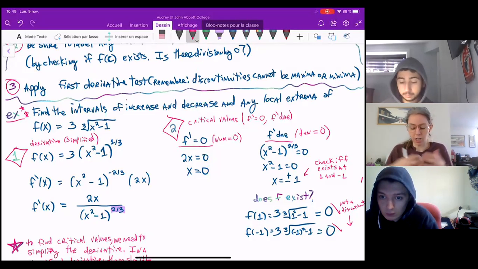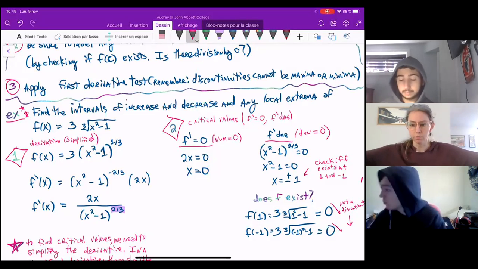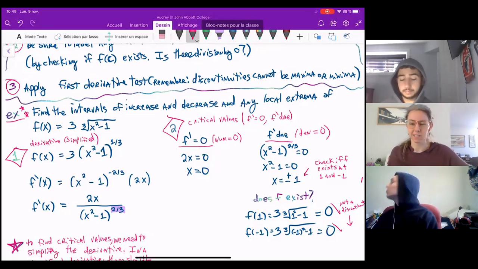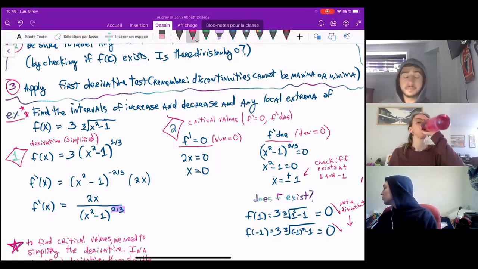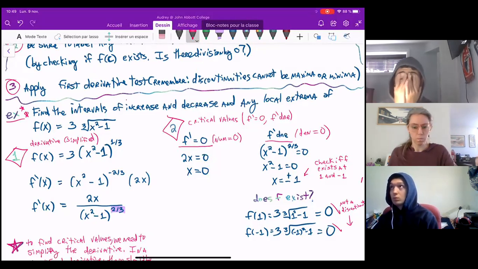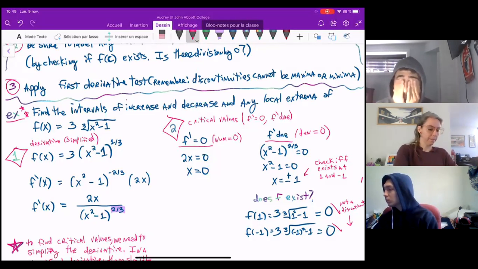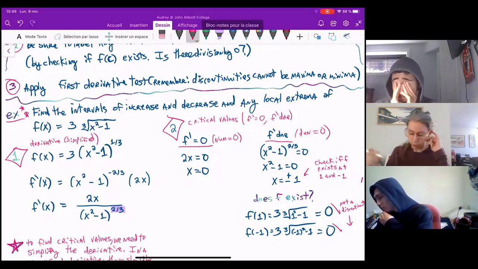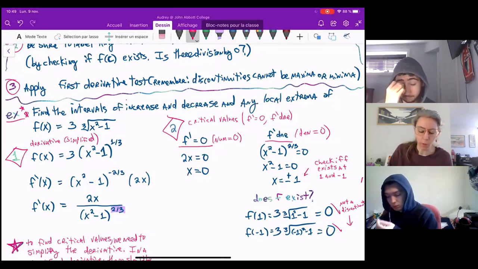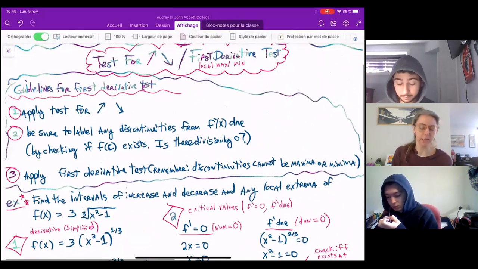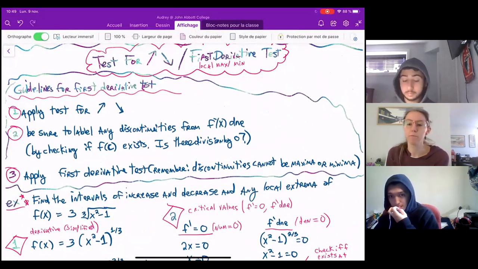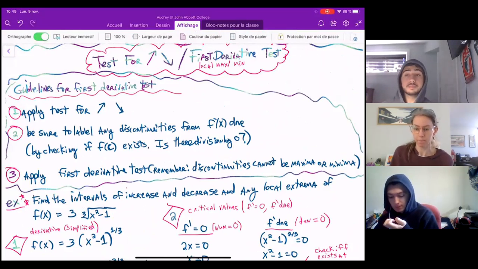So if it's differentiable, then there is a function. Does that make sense? Okay, so we only have to check the does not exist side, and that's why up here in our guidelines we're saying be sure to label any discontinuities from f prime does not exist, because those are really the only ones we actually need to check.